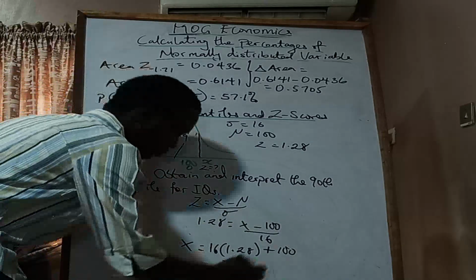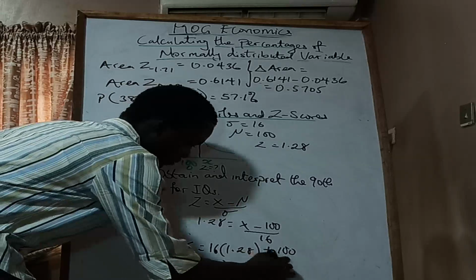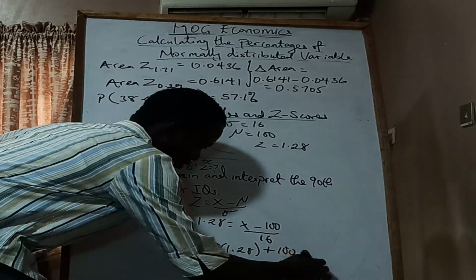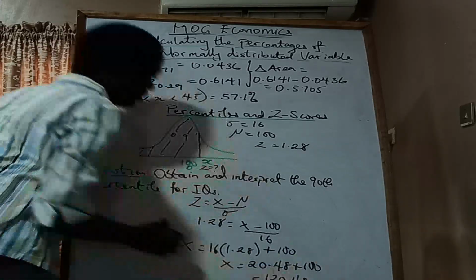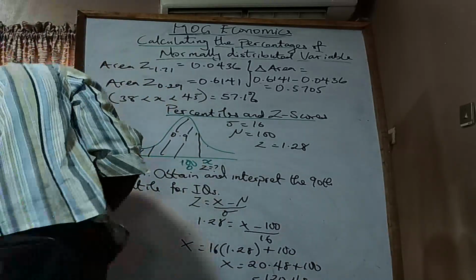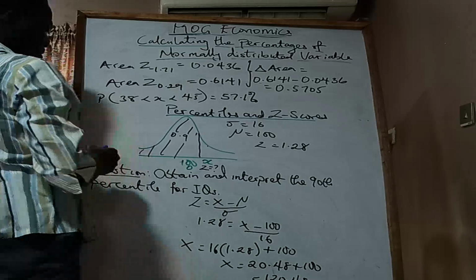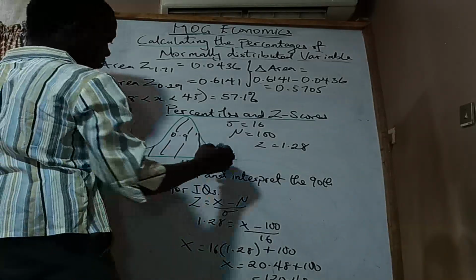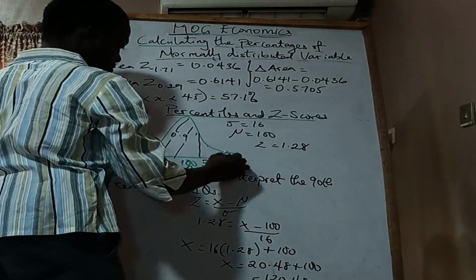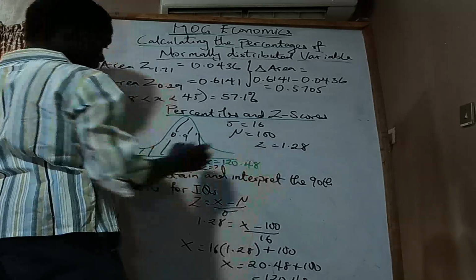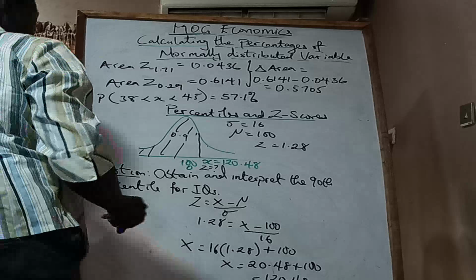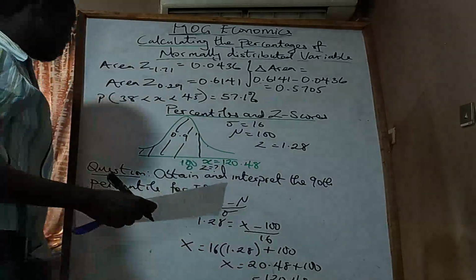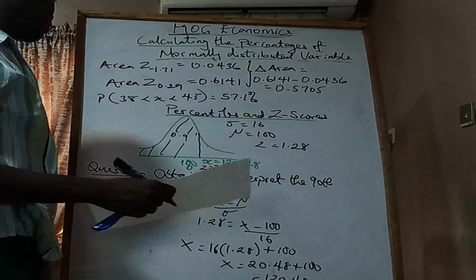So 20.48 plus 100 equals 120.48. So the value of x is 120.48.